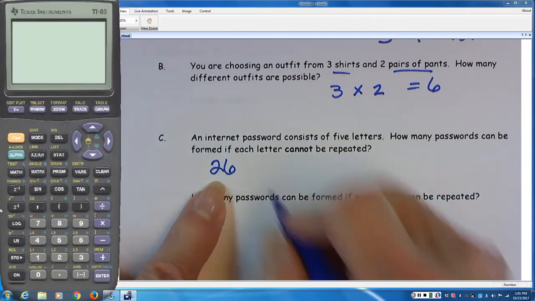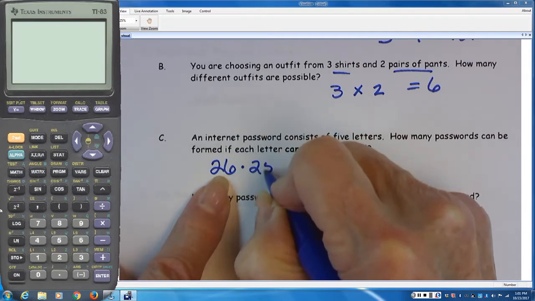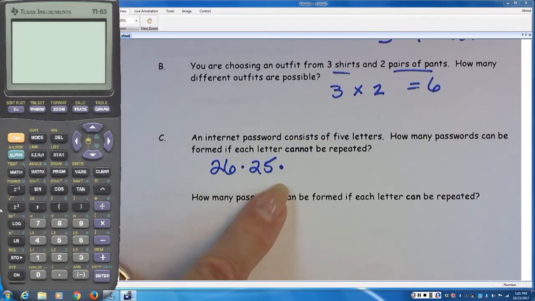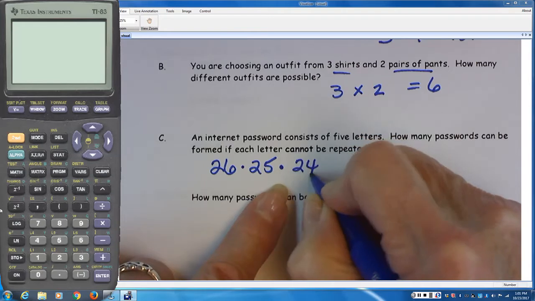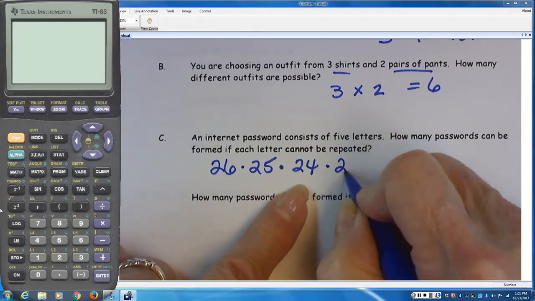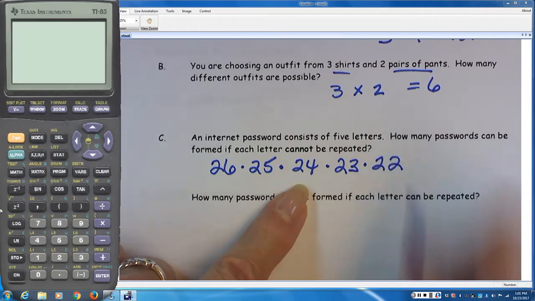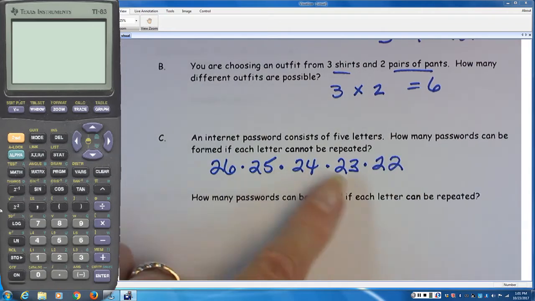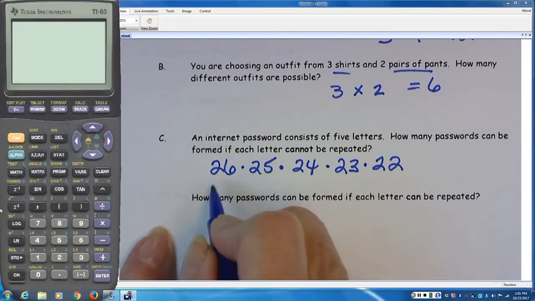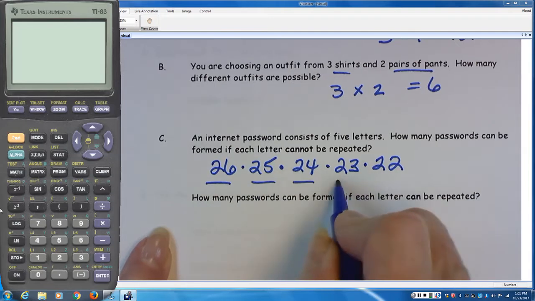You only have 25. And then you only have 24 choices for the next one. Then 23 for your 4th letter, and then only 22. 1, 2, 3, 4, 5 different letters.